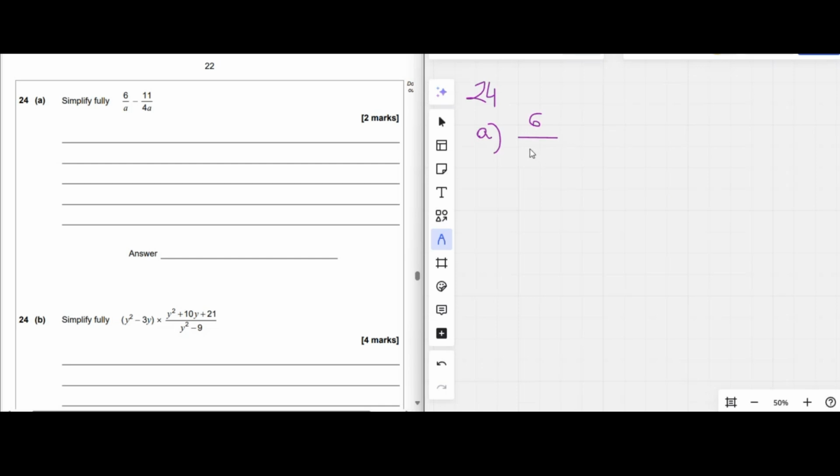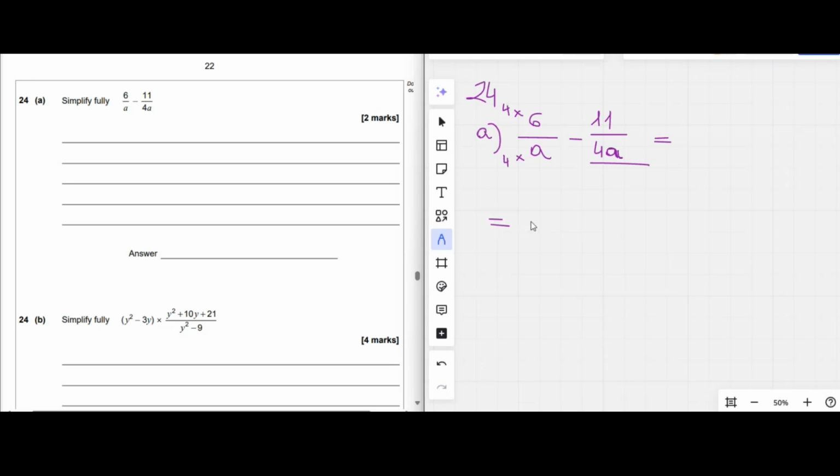Simplify fully: 6 over a minus 11 over 4a. We have deduction. There is no equals between them, so we cannot do the cross multiplication. To deduct fractions, we need a common denominator, being 4a. So let's do times 4 here.